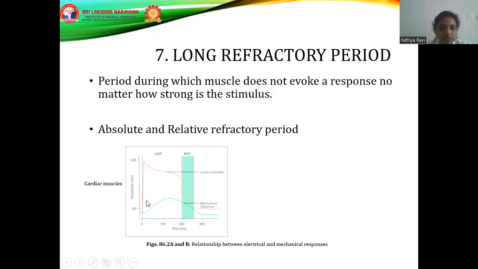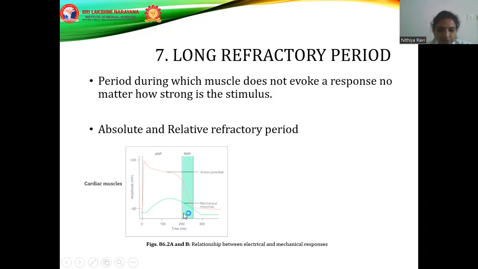In the duration where the depolarization and the plateau phase of the action potential occur, you can see that the contraction has started and has reached a peak. During this period, in the initial 200 milliseconds, whatever stimulus you give is not going to cause another response in the muscle fiber. The cardiac muscle fiber will remain absolutely refractory to the stimulus which is given.